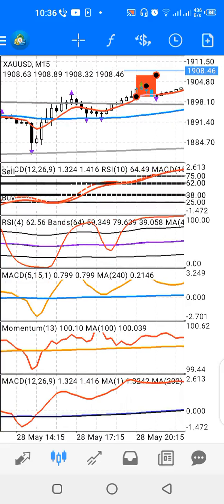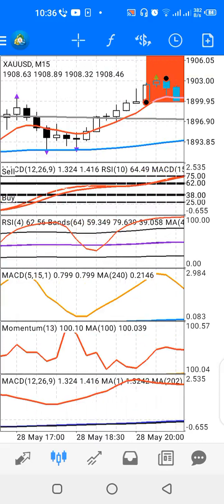What I do is I will look at how price is performing on the red line.